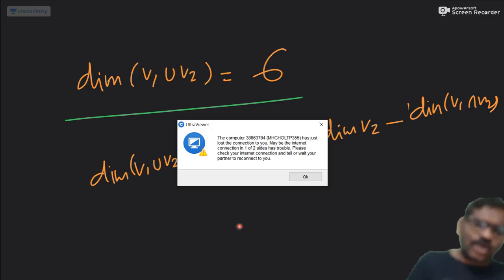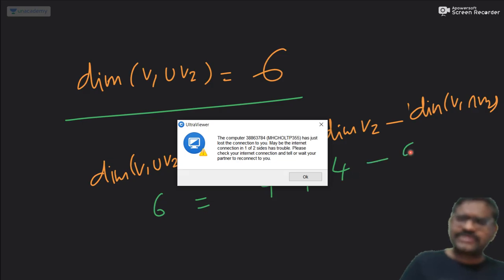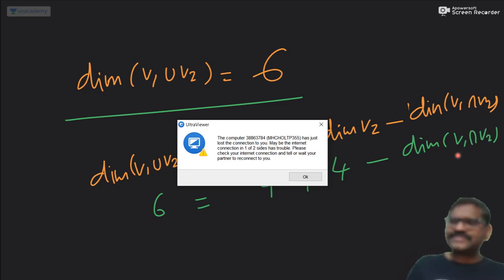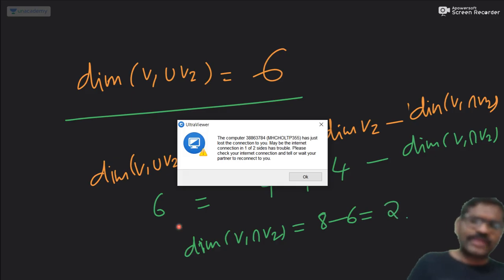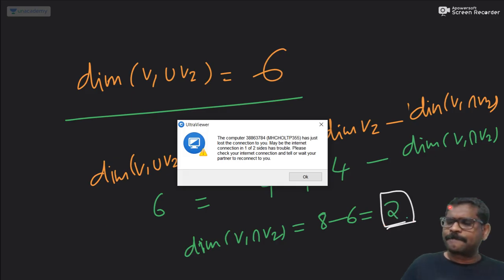This is known, this is known, this is known, this is unknown. Send V1, V2 this side. Dimension of V1 intersection V2 is 8 minus 6, 2. 2 is the answer.